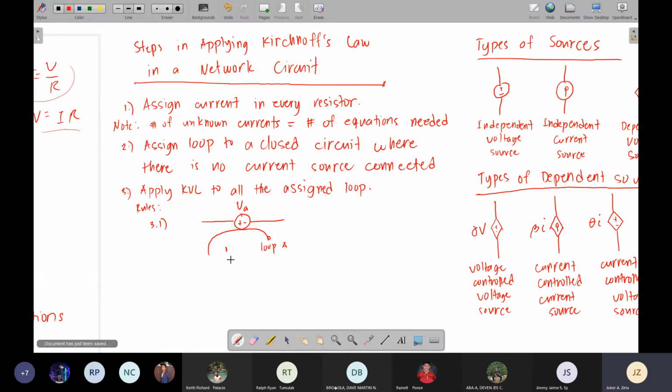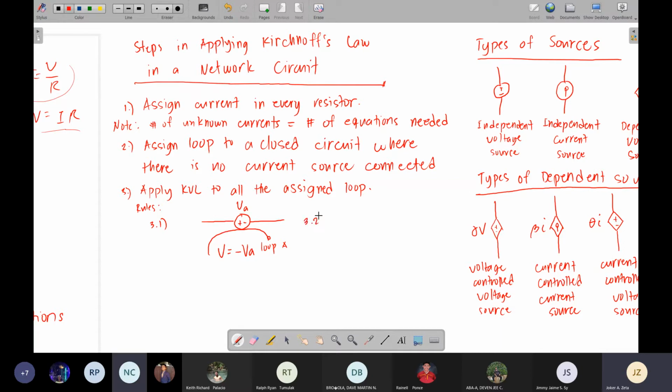So the voltage here would be negative VA. You are going to follow the exit side. Whatever the sign on the exit side is, that is what you follow. So again, for this one, the loop enters the positive side and exits the negative side, so you follow the negative side.